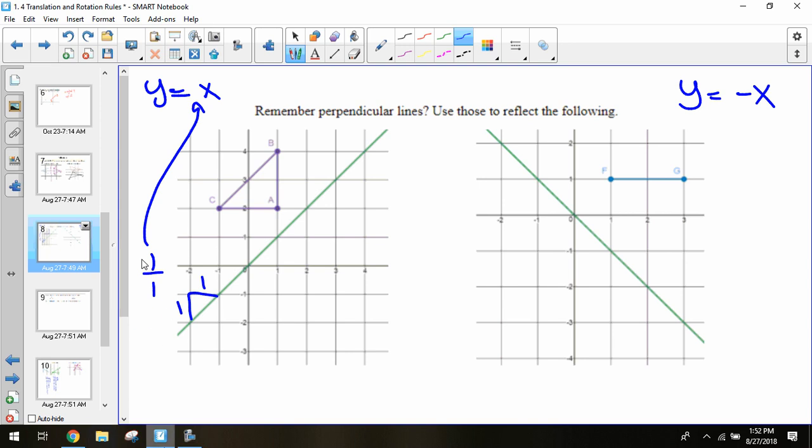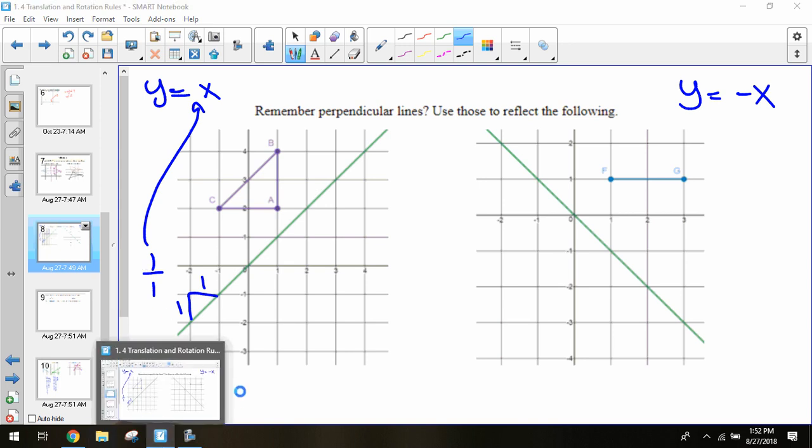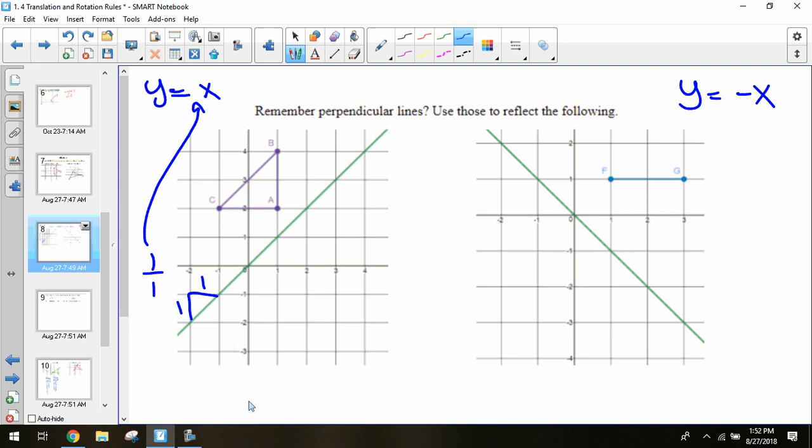This is coming from our y equals mx plus b, of course. So that m, that number that goes in front of your x, that's your slope. Because it's 1, I don't have to write it. My b, that's my y-intercept. So if I see I'm crossing the y-axis at 0, I would have plus 0 up here.